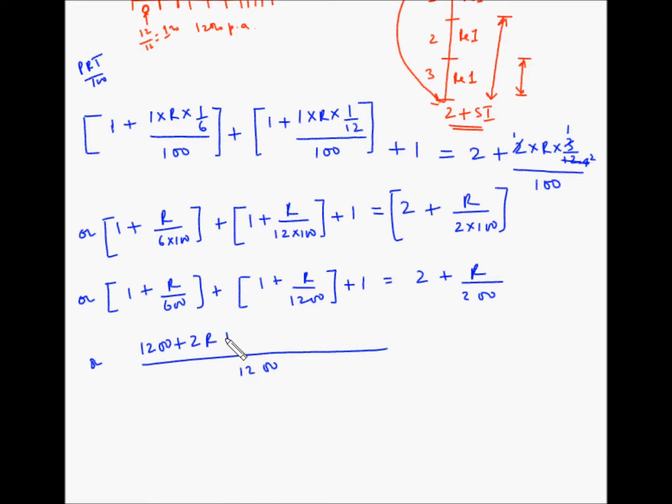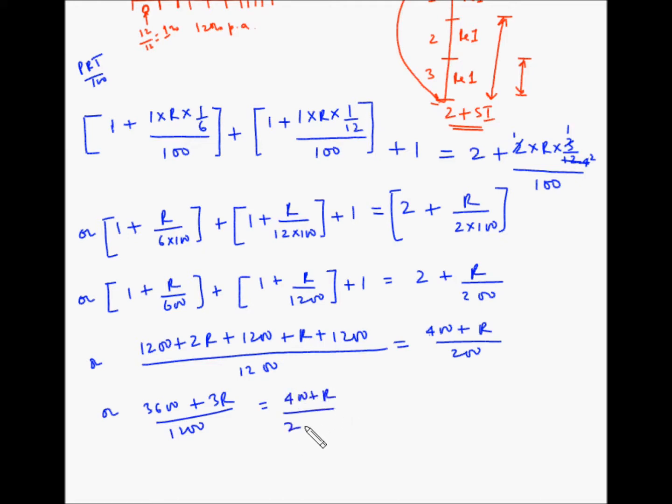So 2R plus 1200 plus R plus 1200 is equal to, so here we can take the LCM as 200, so this becomes 400 plus R. So 1200 plus 1200 is 2400 plus 1200 is 3600, so 3600 plus 2R plus R is 3R, divided by 1200, is equal to 400 plus R divided by 200.